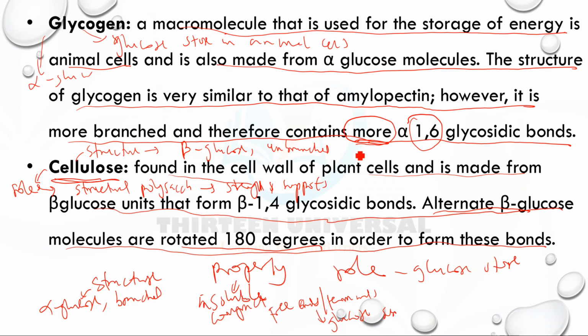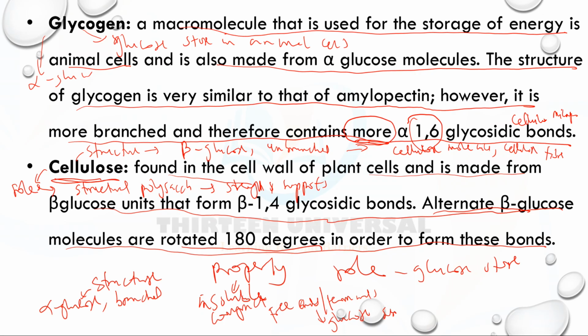When we're dealing with cellulose, it has what we call the cellulose molecule, which we're going to discuss, the cellulose fiber, and then the cellulose microfibril. So cellulose molecules are made up of beta glucose, rotated by 180.